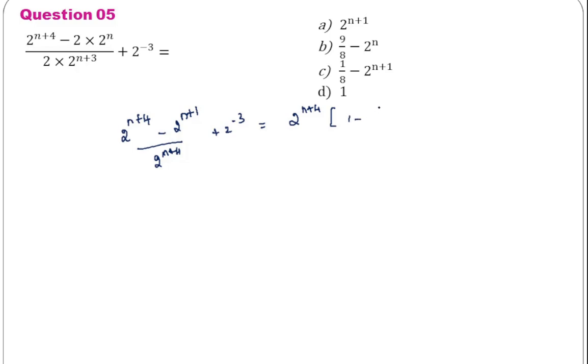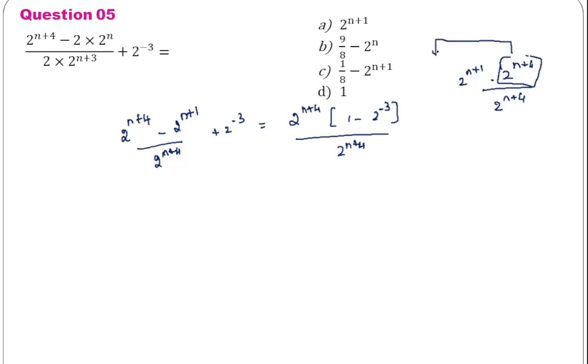How do we get the 2 power minus 3? Because there is no term 2 power n plus 1 over that, when we take 2 power n plus 4 common, this comes outside of the bracket.